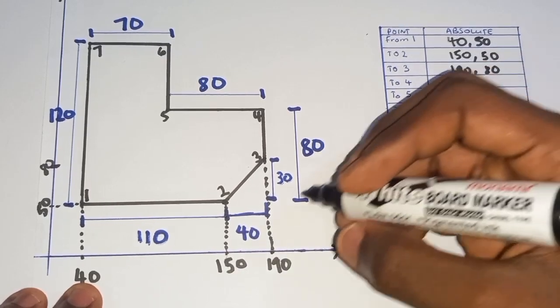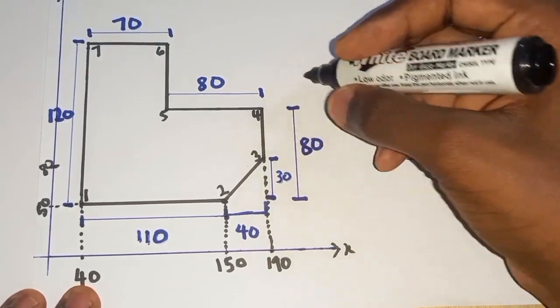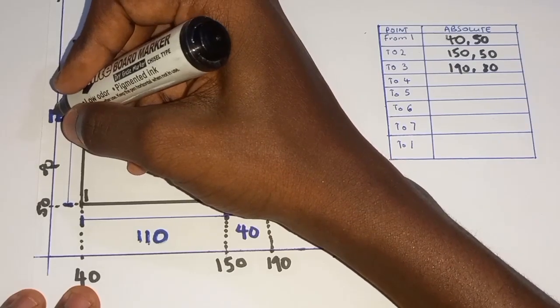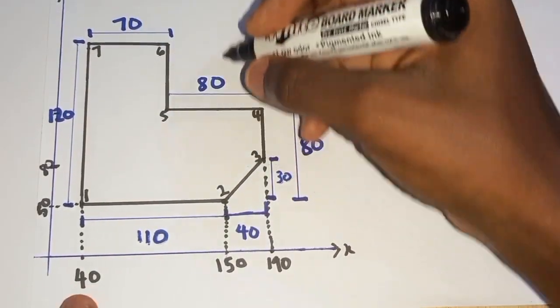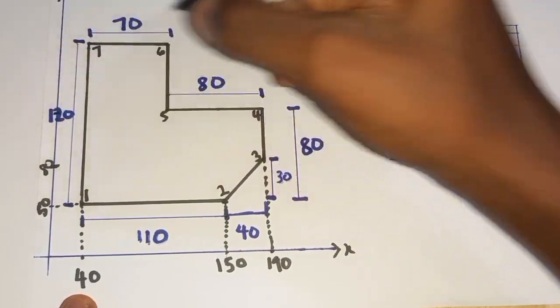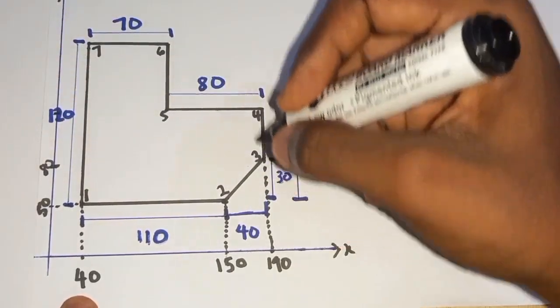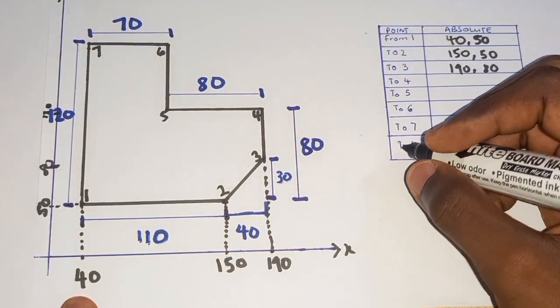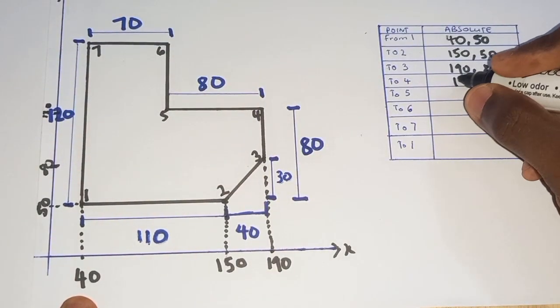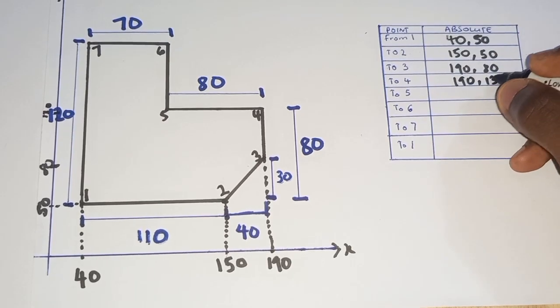Let's go to point at 4, that's 190, 80. Because this line starts from here, okay? It's not 80, but we add up, okay? So then 50 plus 80 is 130. So 4 is 190, 130.